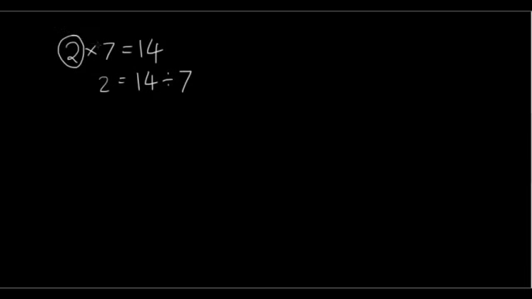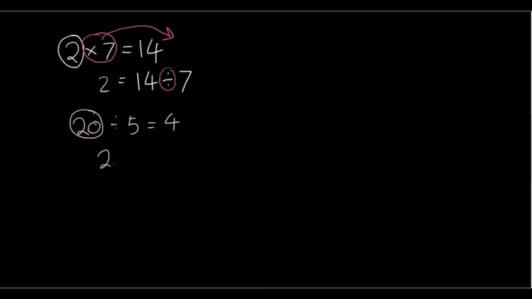Because we've moved the 7 to the other side, so it becomes divided by 7. And if we have 20 divided by 5 equals 4, and we want to make 20 the subject, we can rewrite it as 20 equals 4 times 5. Because we have divided by 4, and if you move the divide to the other side, it becomes times.